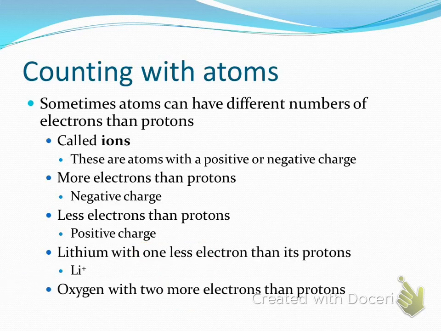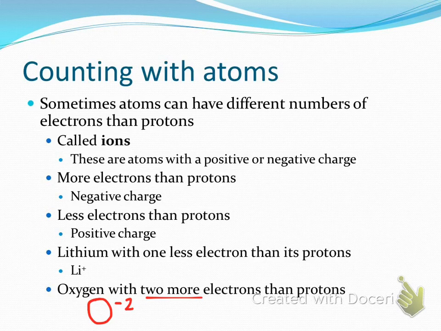Now if I have oxygen with 2 extra electrons, how do you think we would go about writing that? Its symbol with a... If I've got 2 more electrons, is it positive or negative? Negative, and I've got 2 of them that are extra, so it would be a negative 2.